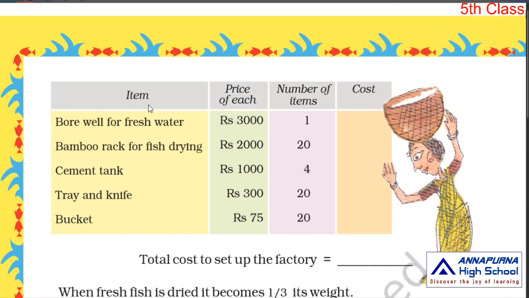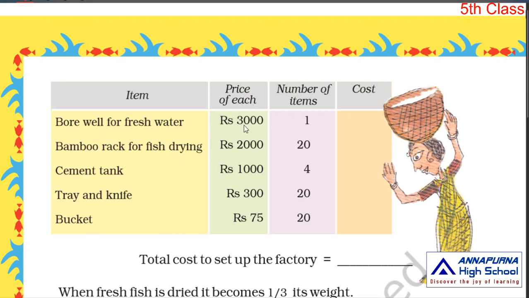This is the table: item borewell for fish water, bamboo rack for fish drying, cement tank, tray and knife, bucket, and price of each.